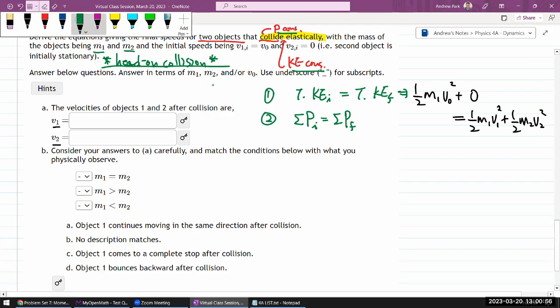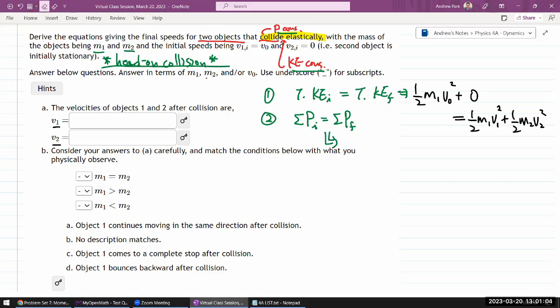For my equation 2, I'm going to give a statement of conservation of momentum. So initial momentum, it's m1 times v naught plus the zero momentum for v2, which wasn't moving, is equal to, and here one could think through what kind of collision it might be.